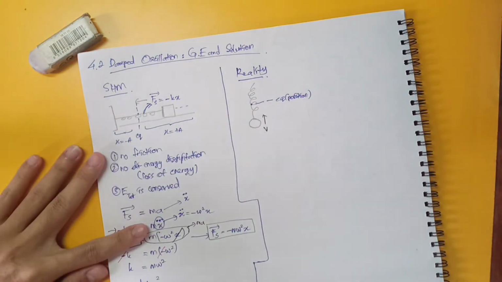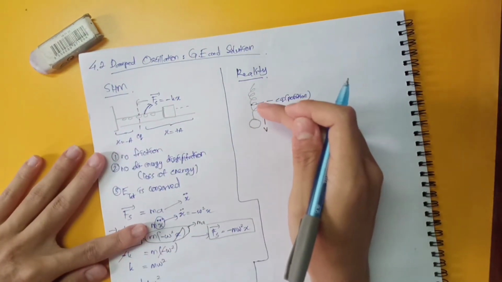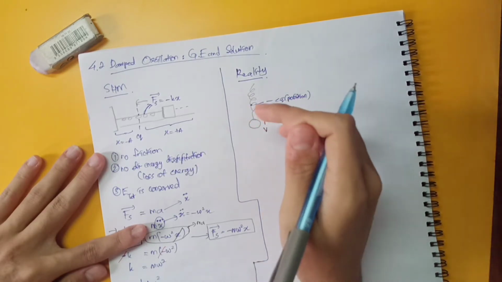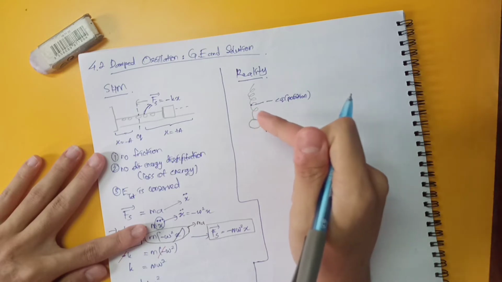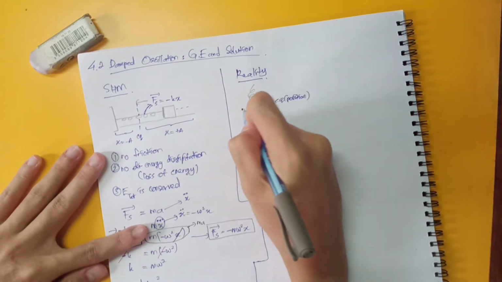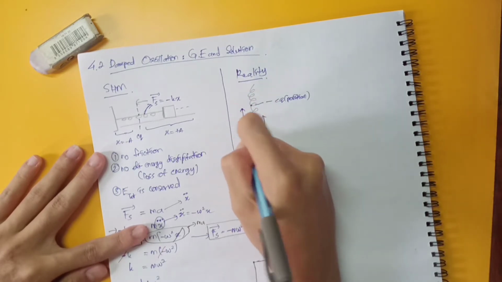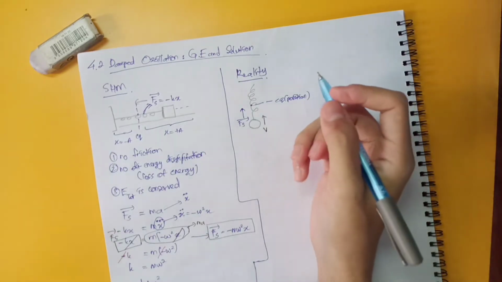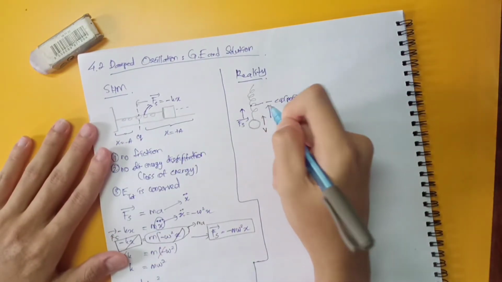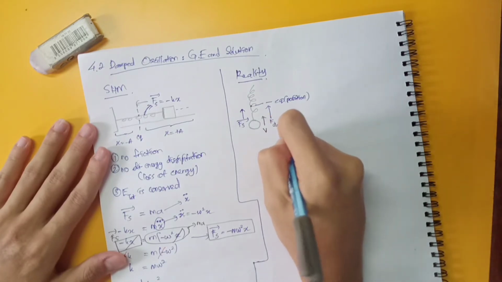And here, like I said, there is a force exerted on the spring, which is the restoring force right here. And at the same place, we have the force directed upward, which is what we call the damping force.